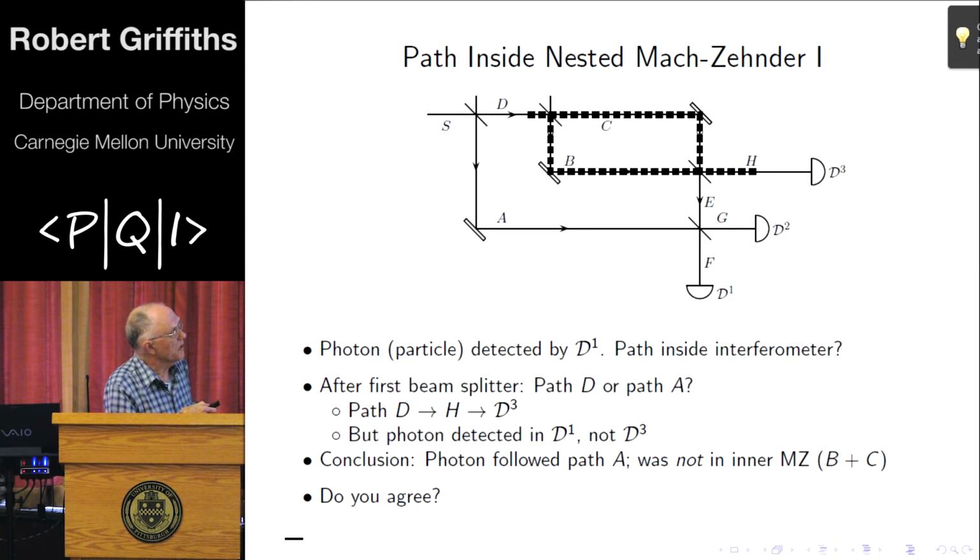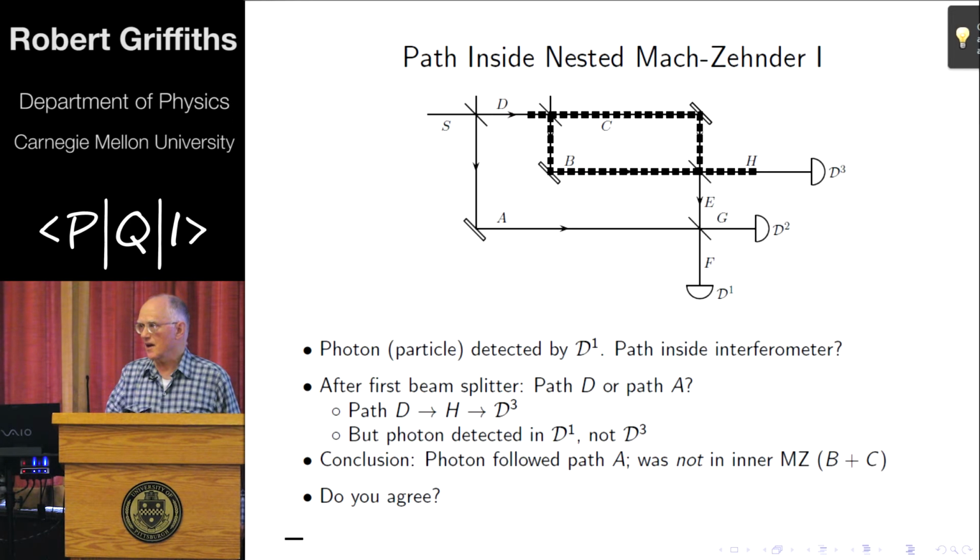Let me then give you a plausible argument. I said it ended up here. Well, look, at this first beam splitter, it would either have gone in the D channel or it would have come down in A. If it had gone into D, then it moves through this inner Mach-Zehnder. It comes out there with probability 1, and it would be detected by D3.